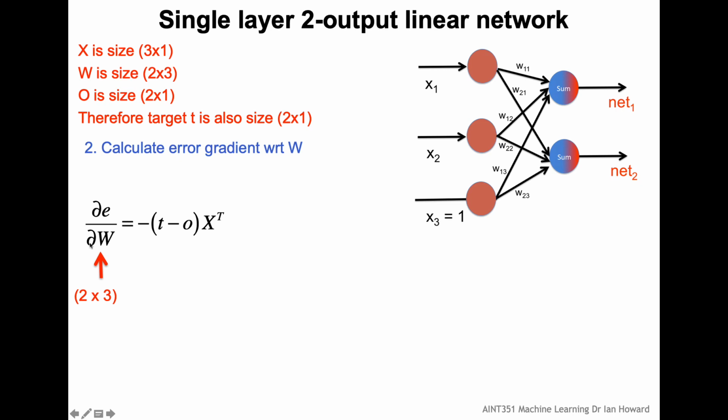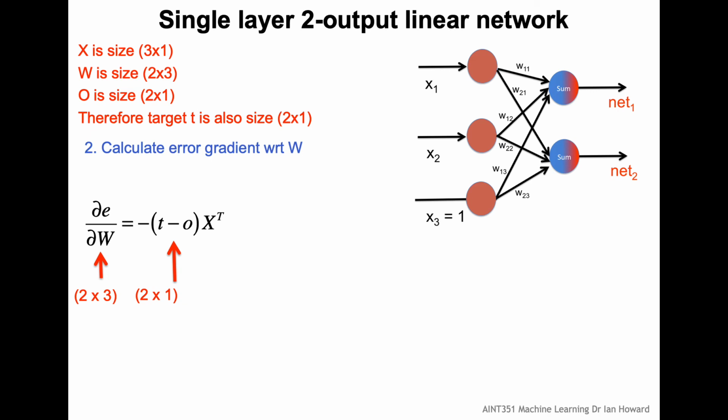And again, you can intuitively see that it's got to be, because we're going to be taking this value off W, and if this isn't the same dimensionality as what you're taking it away from, you can't do the calculation. So that's one way of checking.